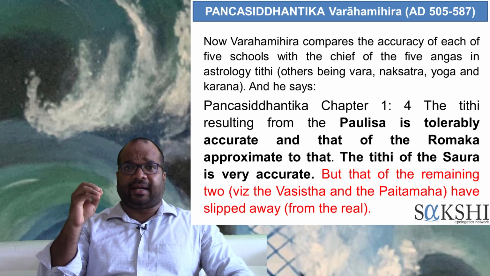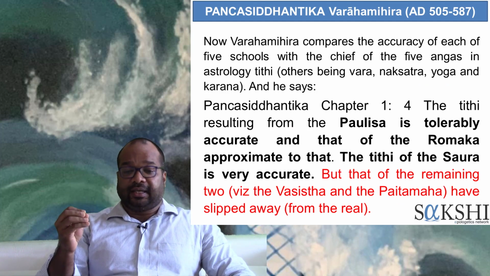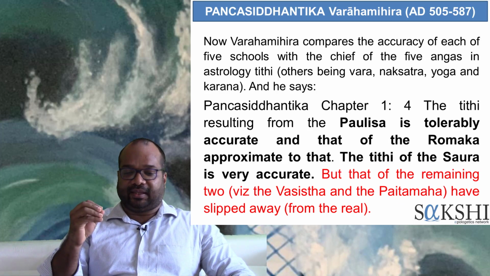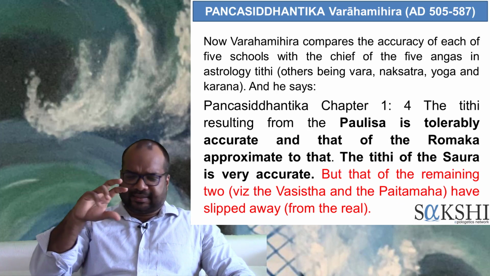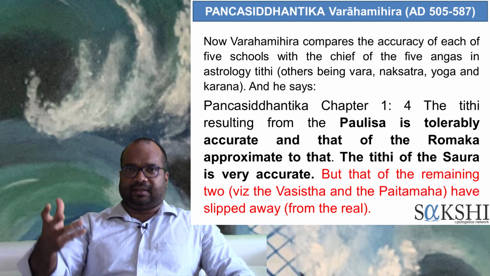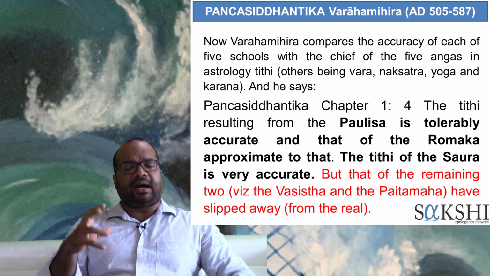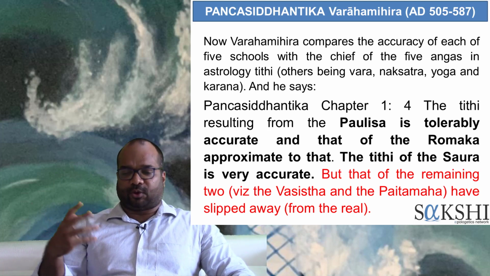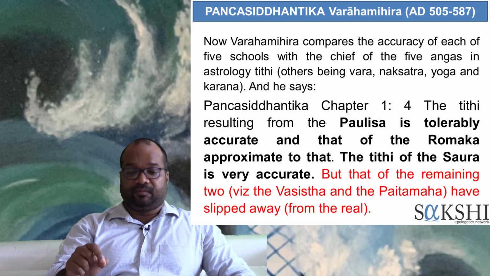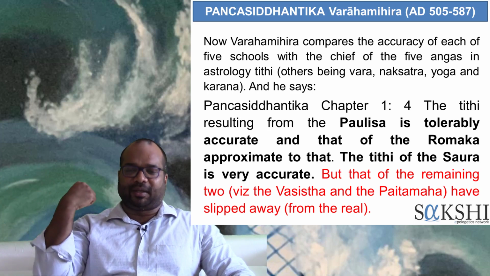Now Varahamihira also compares the precision of these five schools with regard to one of the angas in astrology, that is the Tithi. He says Paulisa is tolerably accurate, the astrology from Paul is tolerably accurate, and Romaka, the one from the Romans, is approximate to that. Saura is the very accurate one, but the other two, Vasishtha and Paitamaha, have slipped away from the real.